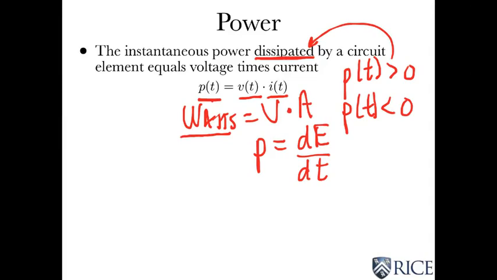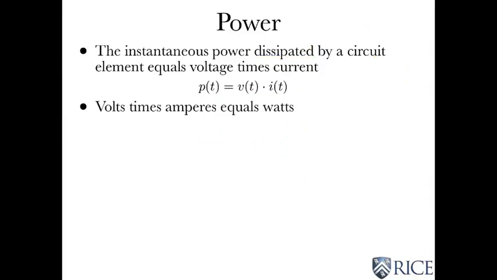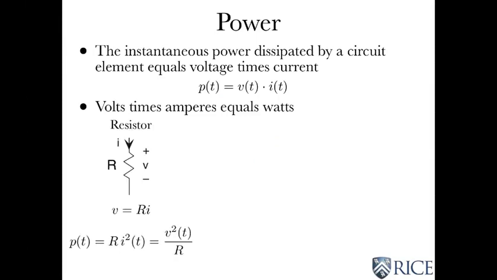So let's go through the various elements and see what the power equations are for them. For a resistor, well, V equals Ri. You can substitute this into the power formula any way you want.